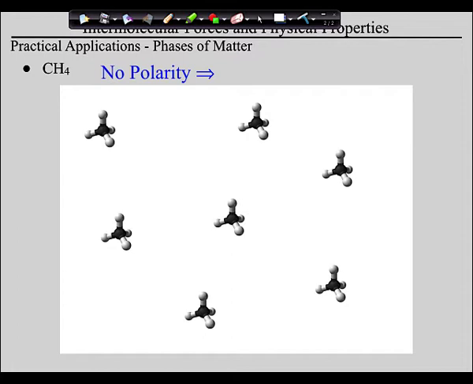If you have no polarity, therefore, you will have no intermolecular forces. And if you ain't got no intermolecular forces, what phase are you going to be in? Gas. And guys, that works in both directions. If you have a nonpolar molecule, it will be a gas. If you have a gas, you know it's a nonpolar molecule.